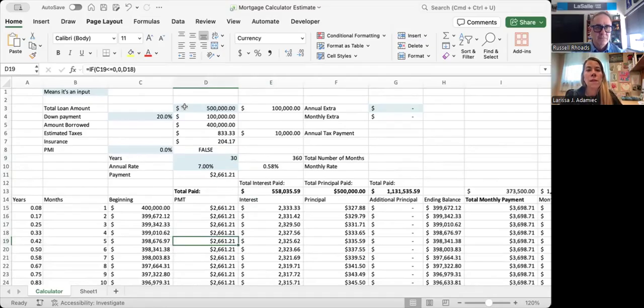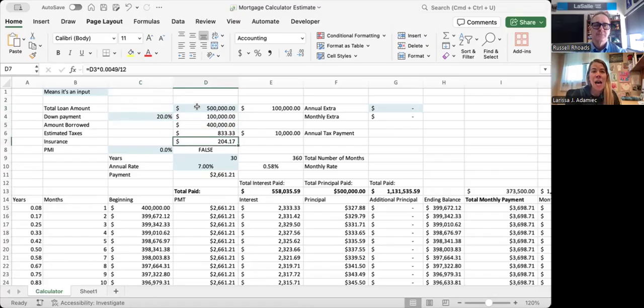This is designed so that the blue boxes are inputs. So if you buy a house for $500,000, which depending on your area might not be a very expensive house, it could be on the cheaper side, a 20% down payment will be $100,000 in cash, which means you are borrowing $400,000.